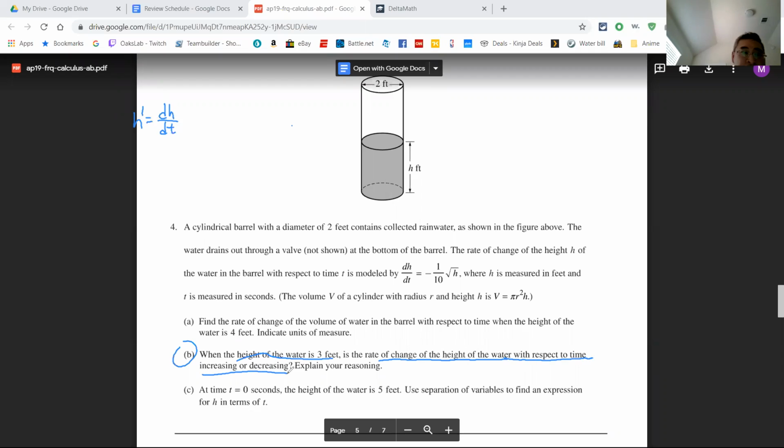So they're asking if this will be increasing or decreasing. That is what they're asking for.